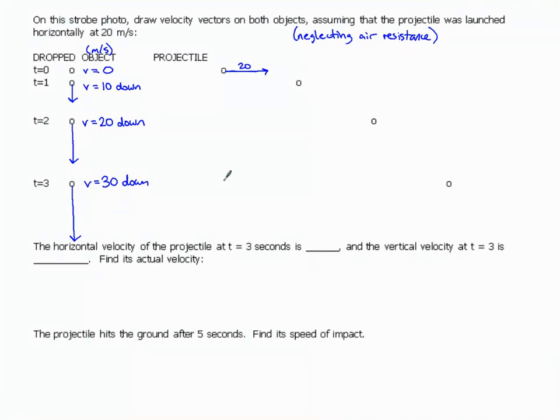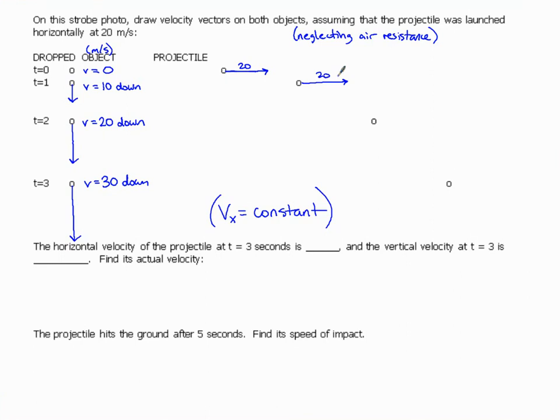After 1 second, and this is important, so let's think about the velocity x from the previous page. The horizontal velocity in projectile motion is constant. And so at this next instance, the horizontal velocity is still 20.